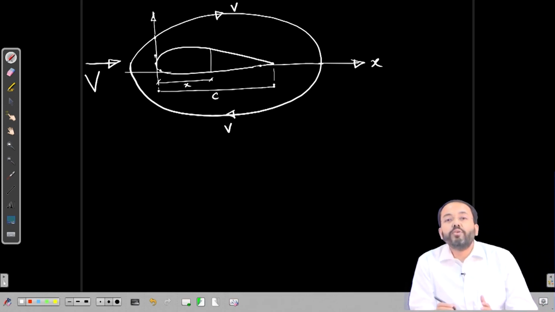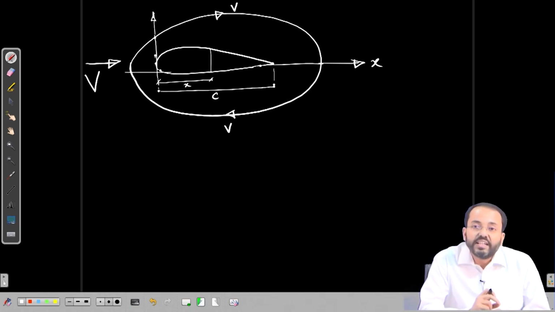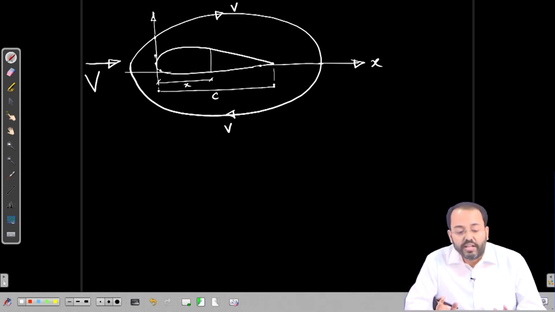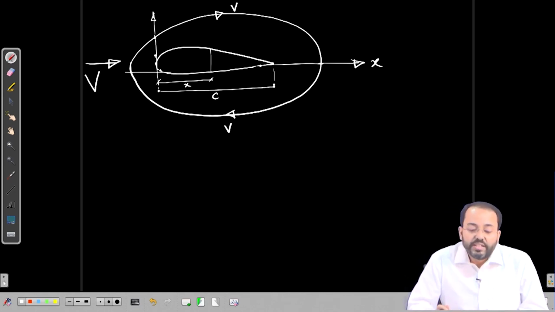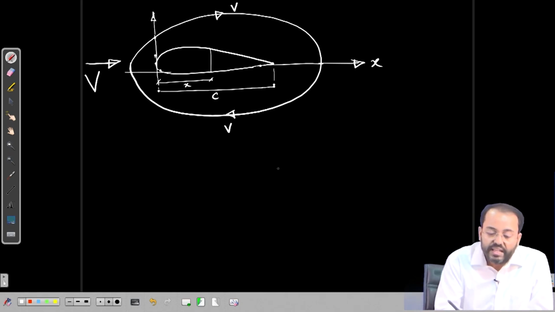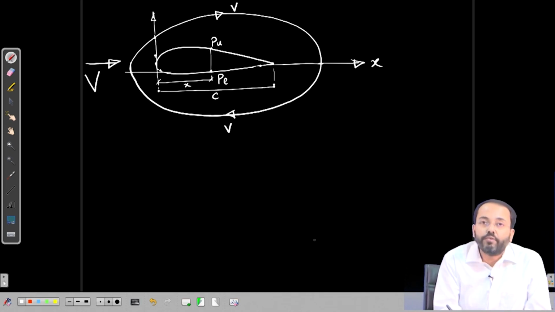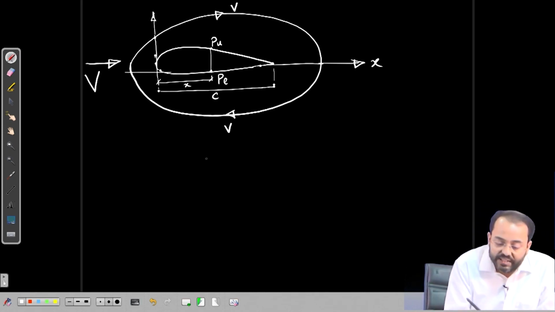So, the circulation as we see is basically the line integral of the velocity around a closed contour about the airfoil. So, small v is the tangential velocity induced due to the circulation. So, at any location x, let the pressure on the upper surface be Pu and on the lower surface of the foil be Pl.